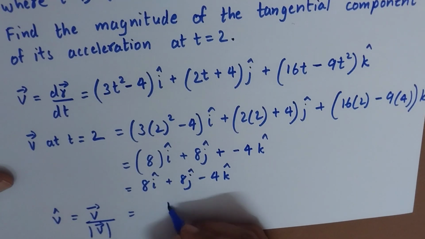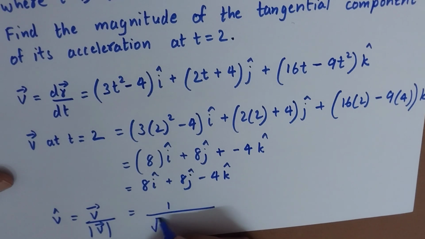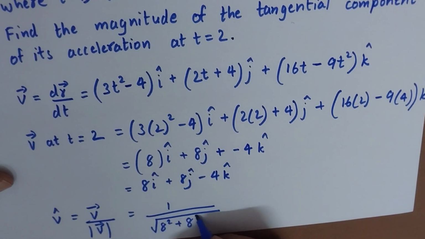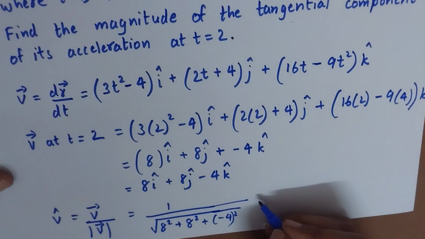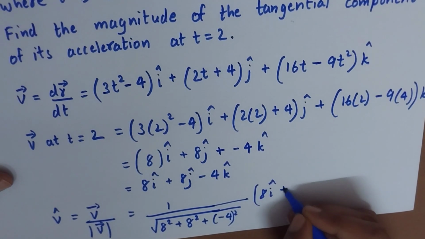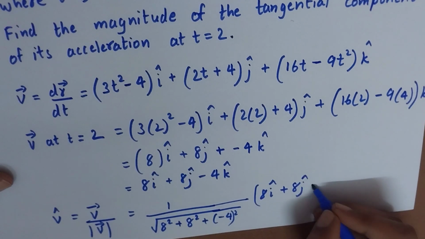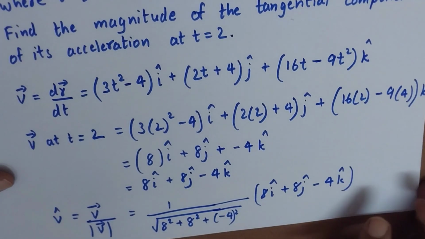The magnitude is the square root of 8 square plus 8 square plus minus 4, the whole square, into 8 i cap plus 8 j cap minus 4 k cap. This is the unit velocity vector.